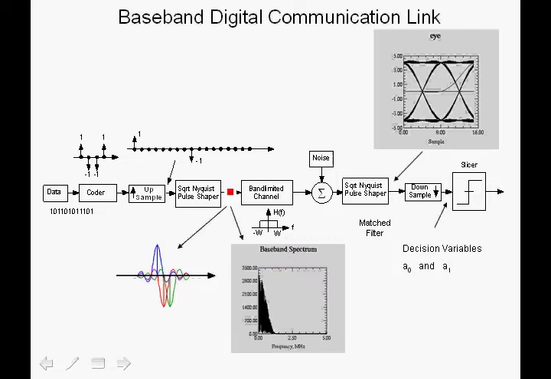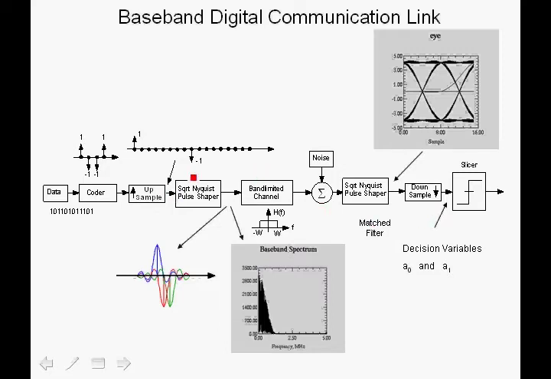In the next section, we will explain the operation of a matched filter at the receiver, which is the optimum receiver for the case where we have additive white Gaussian noise, and a maximum likelihood detection scenario, in which case we're assuming that the data symbols 1 and -1 are equally likely.